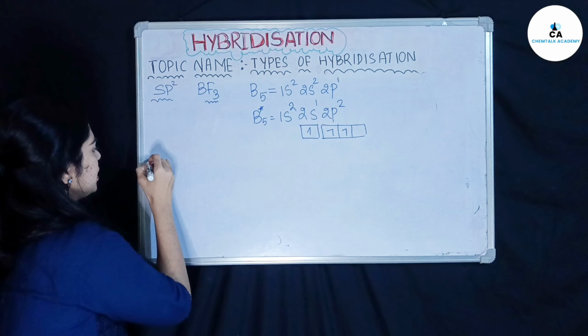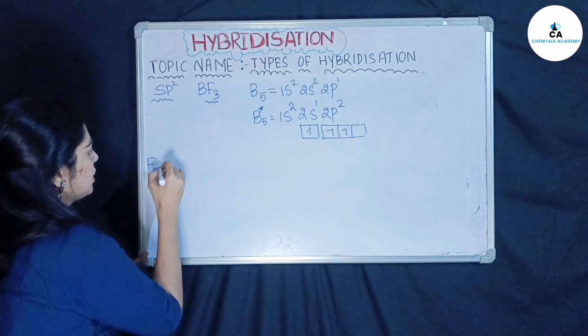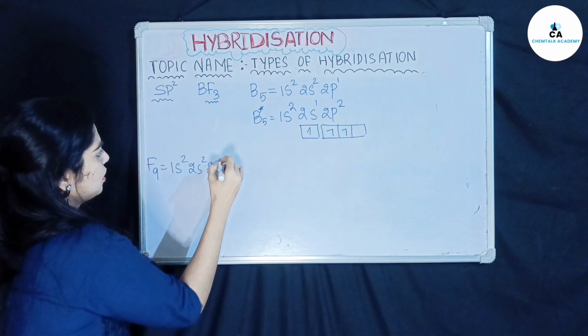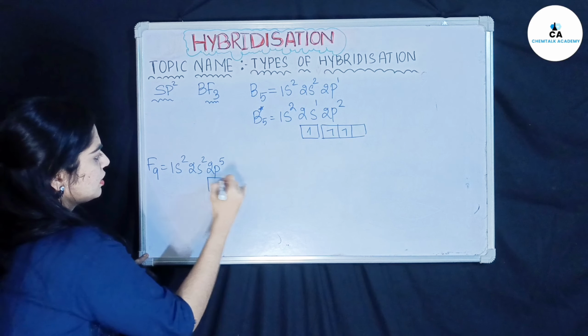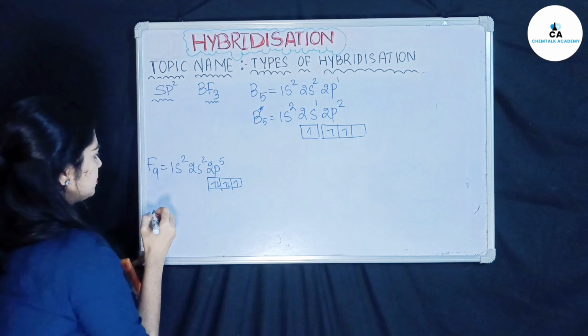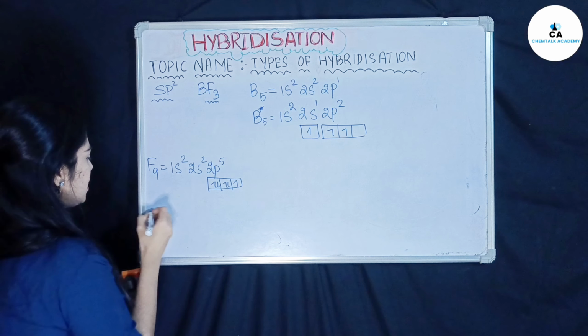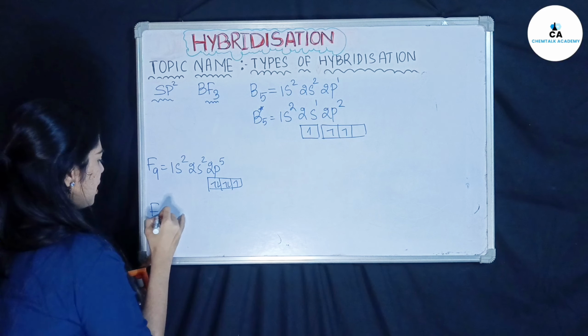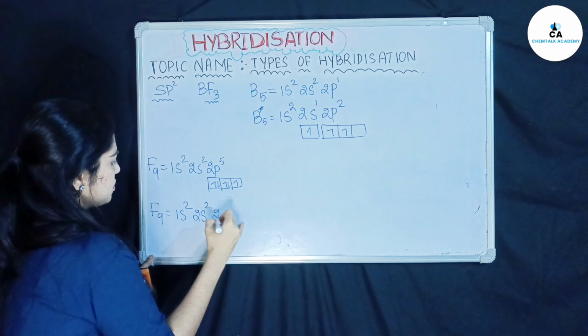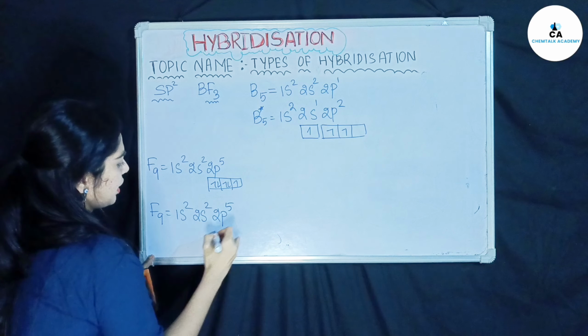Now each fluorine has atomic number 9, electronic configuration 1s2, 2s2, 2p5. The last orbital consists of 5 electrons. Similarly, the next fluorine, atomic number 9, 1s2, 2s2, 2p5.